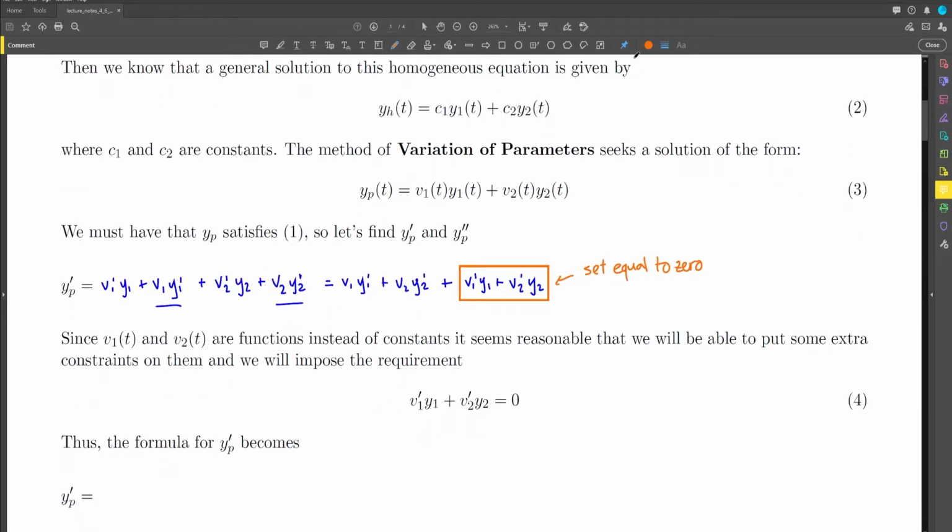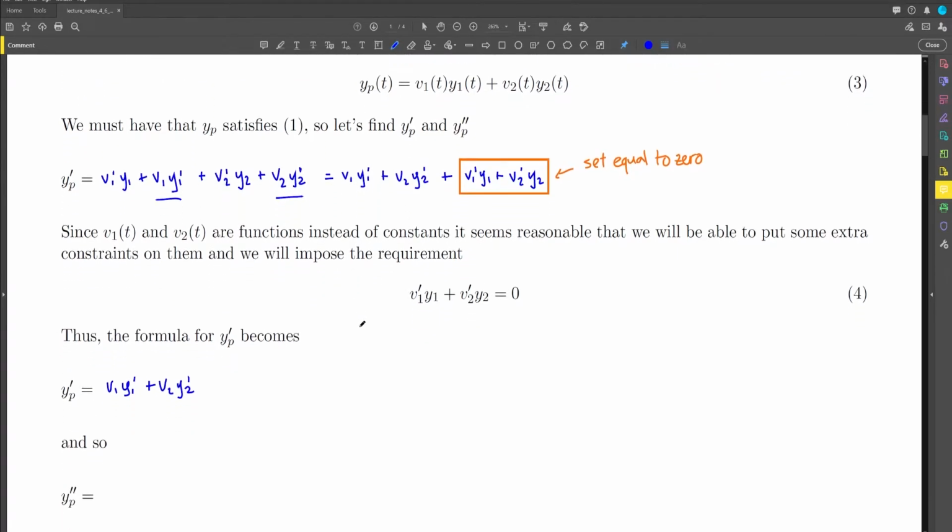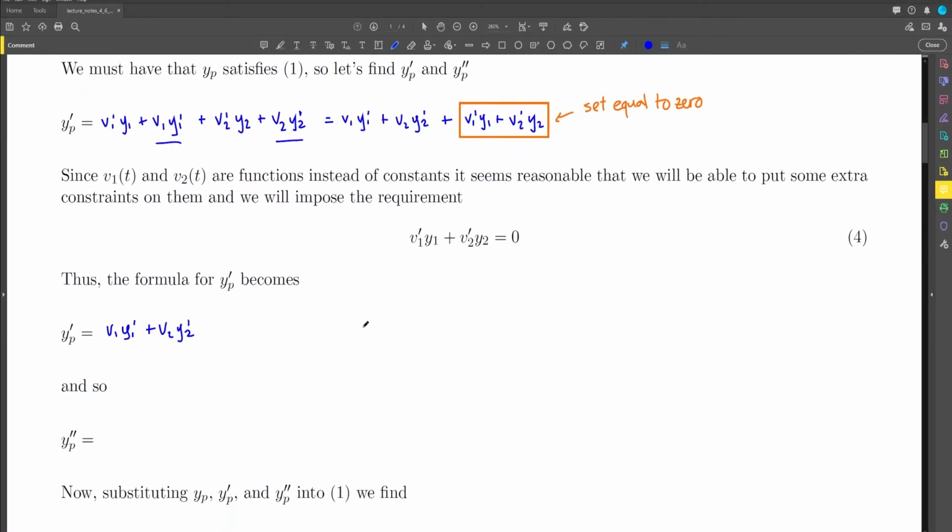So now with that extra condition, we now have that yp prime is just v1 y1 prime plus v2 y2 prime. So now we can find yp double prime. yp double prime is again a product rule.